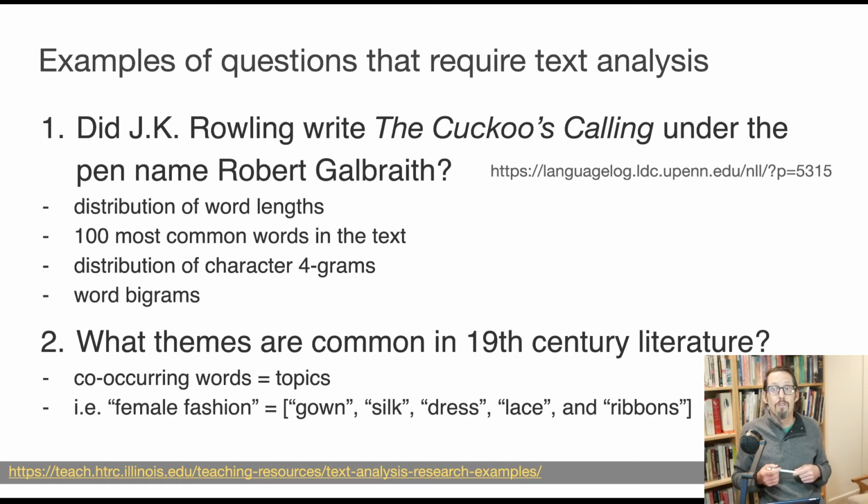Okay? So looking at most common words in the text, distributions of word lengths, distribution of character fourgrams, and word bigrams. So a gram is a word. Okay? So a bigram is chunks of 2 words together, like thank you. So we can measure the occurrence of thank in the text, or we can measure the occurrence of thank you, which is a bigram.